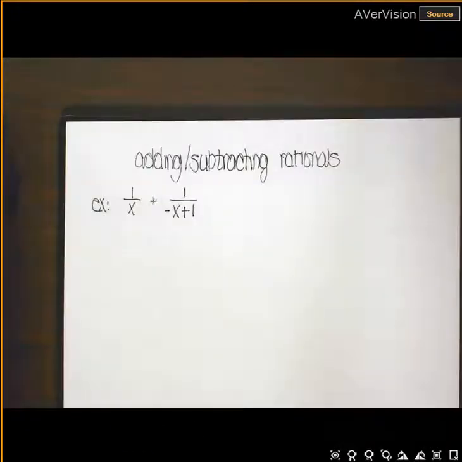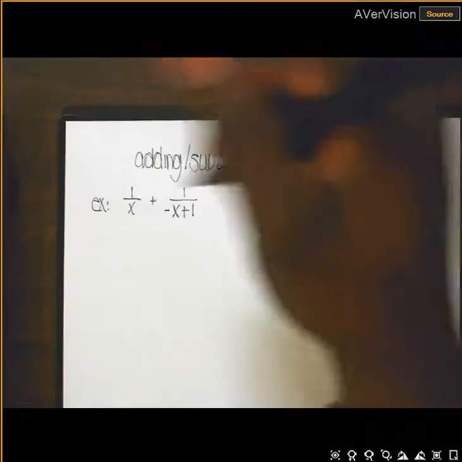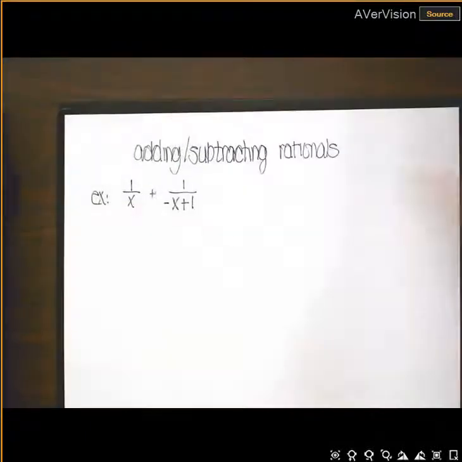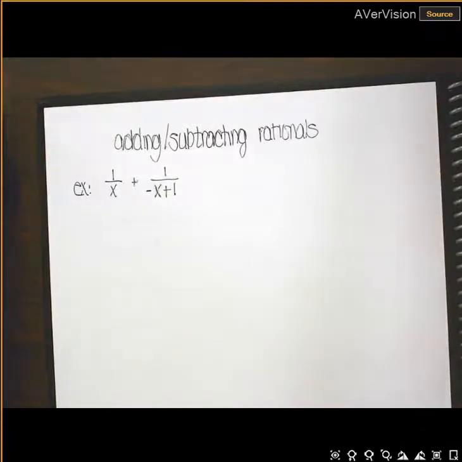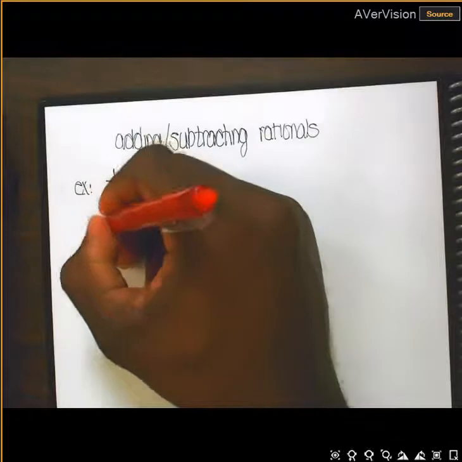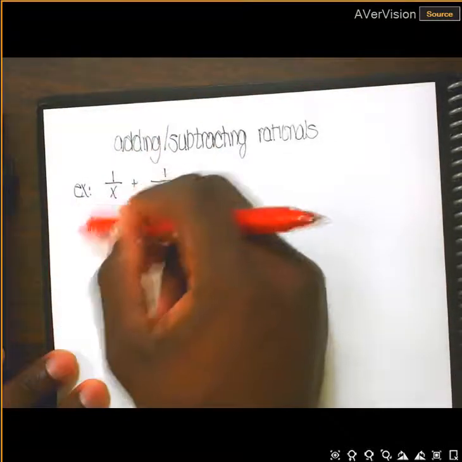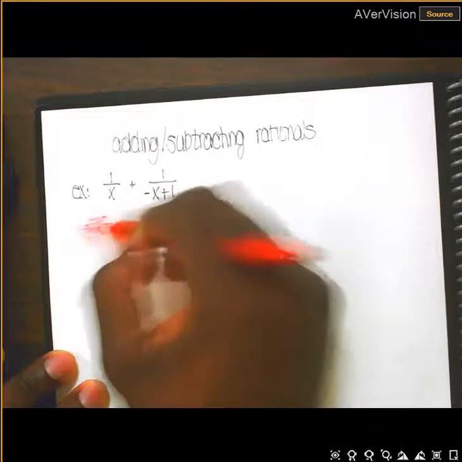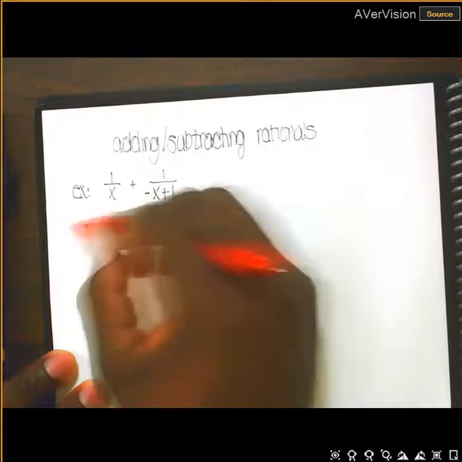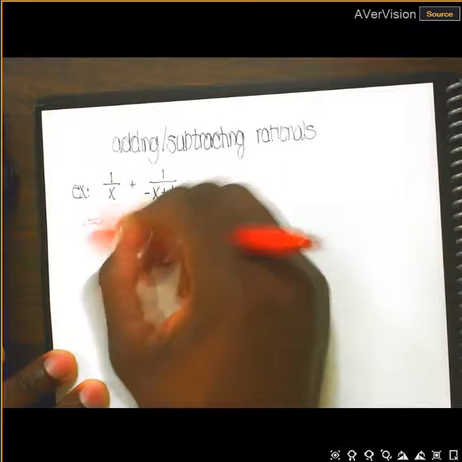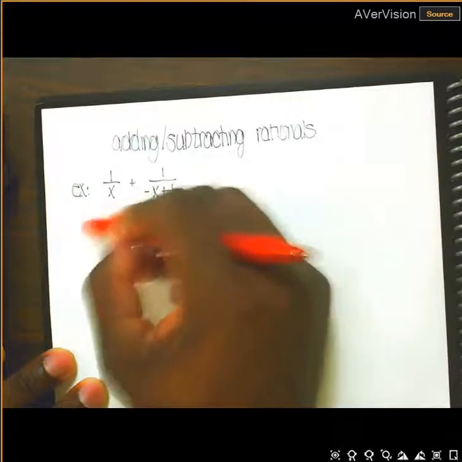All right. We're adding two rationals and they do not have the same denominator. What do we have to do? In order to add or subtract rationals, what do we have to have? Yeah.